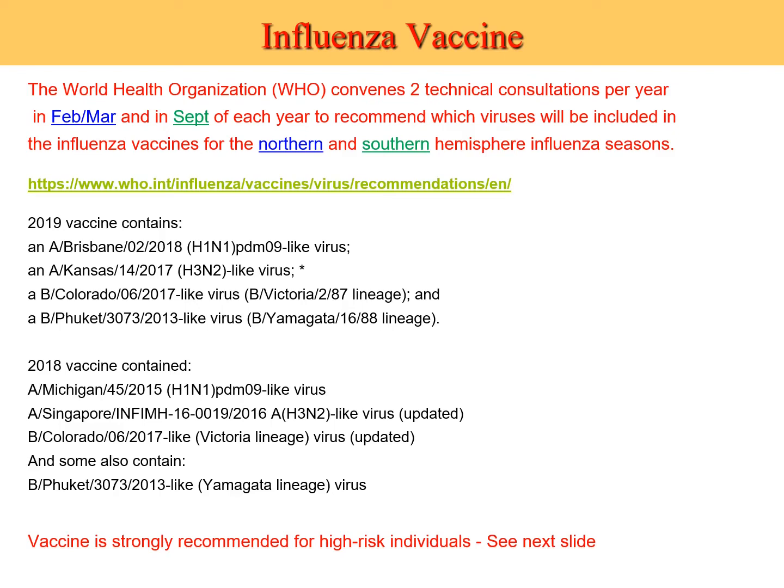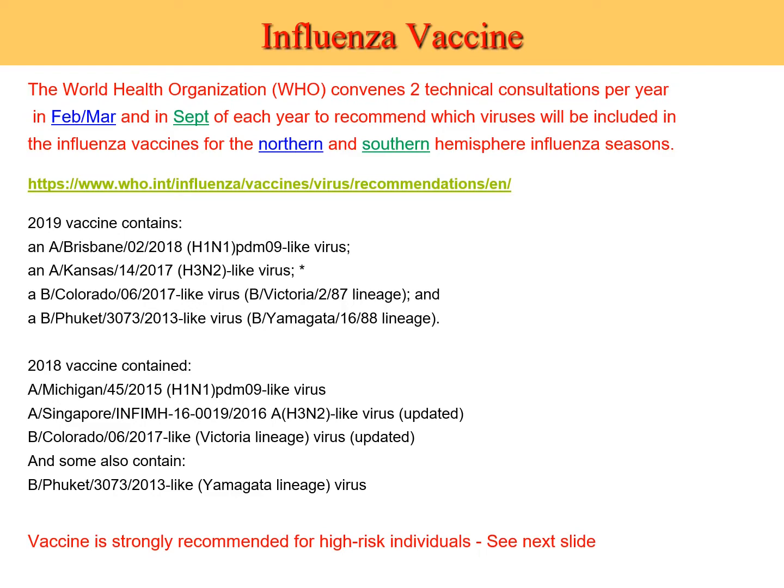So each year, the World Health Organization convenes two technical consultation meetings, one in February or March, and another in September, to recommend which strains of influenza viruses should be included in the influenza vaccines being developed for the upcoming season.